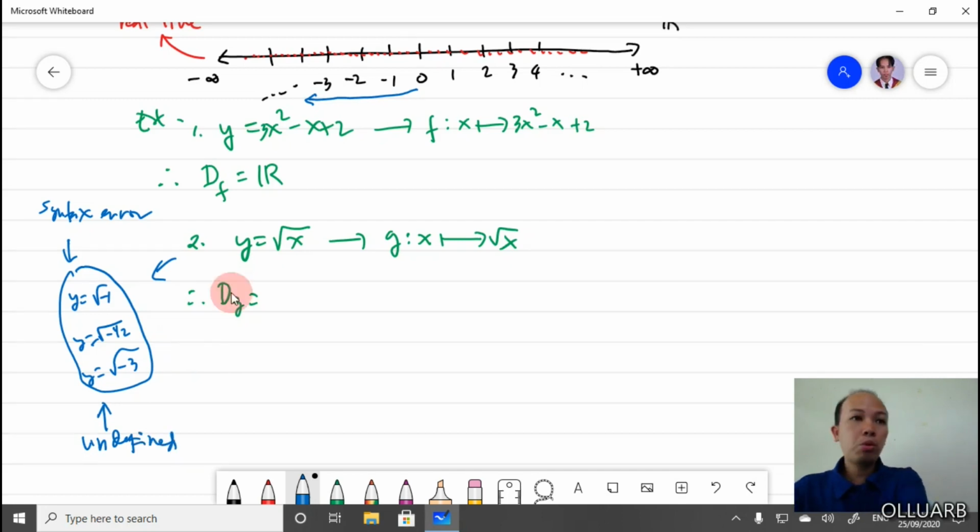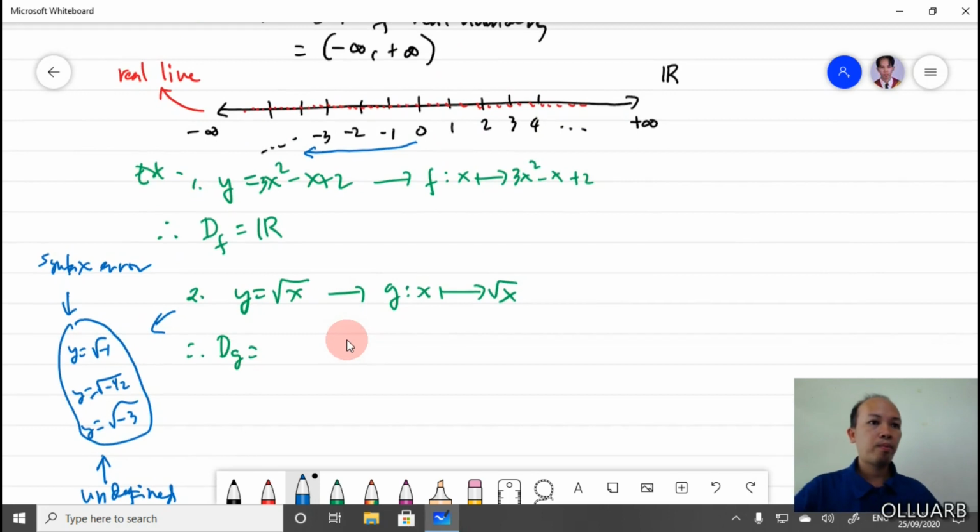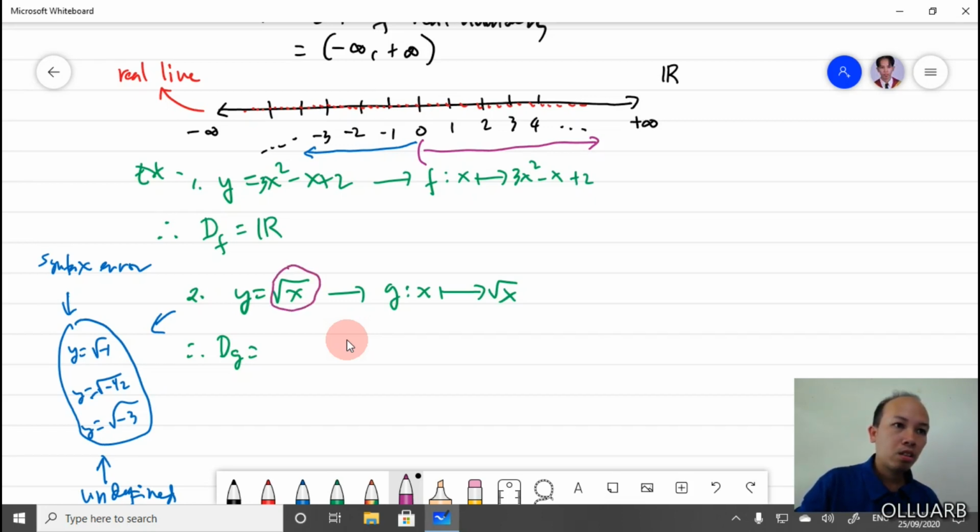However, if you have an x which is starting from 0 to positive infinity, then this expression here has a meaning. Square root of 0 is 0, square root of 0.1, you can use your calculator. Square root of 1, square root of 5, square root of 1/2, and so on and so forth.